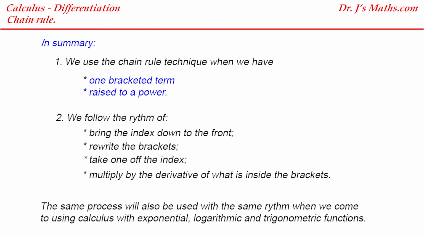The same process of the chain rule will also be used with exactly the same rhythm when we come to using calculus with exponential, logarithmic and trigonometric functions. It's easy to be good at it, and that's where I want you to be. Really, really good.